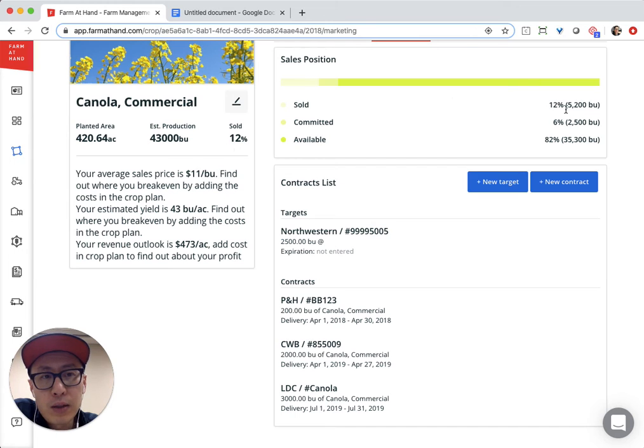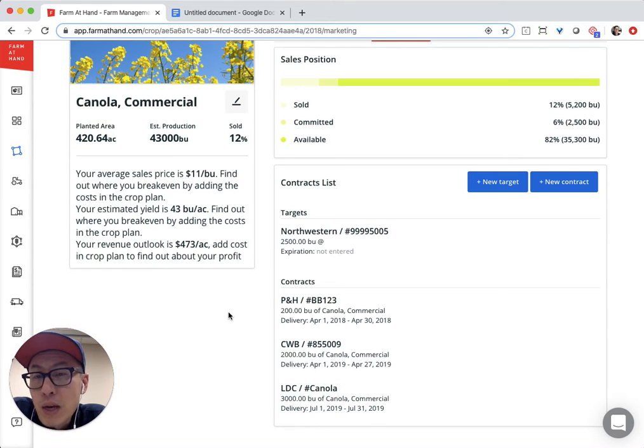If you subtract the 5,200 bushels here and the 2,500 bushels here, you're left with 35,300 bushels.